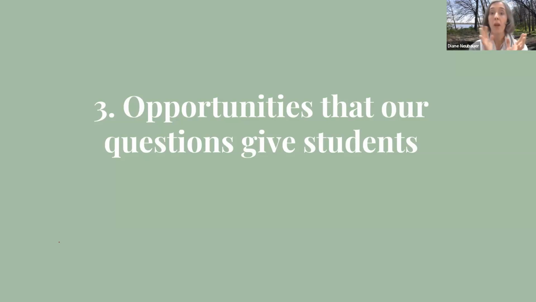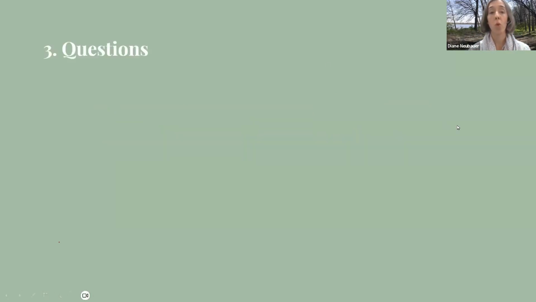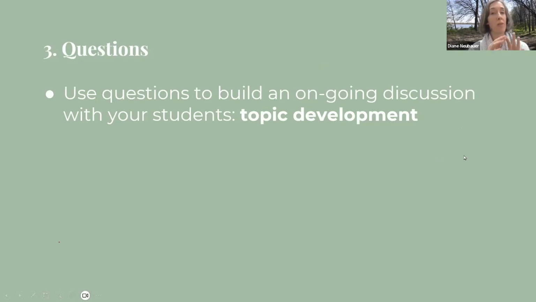So, opportunities that our questions can give to students. There are a variety of types of questions. If you've ever had training that talked about circling, circling is a way to ask different kinds of questions about one very tightly controlled set of language.